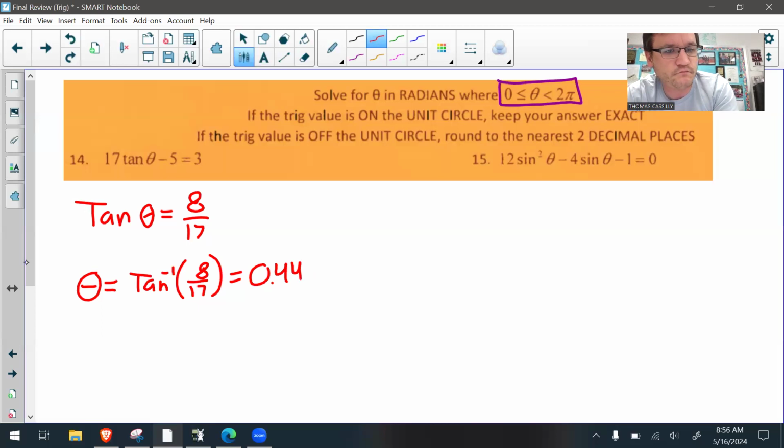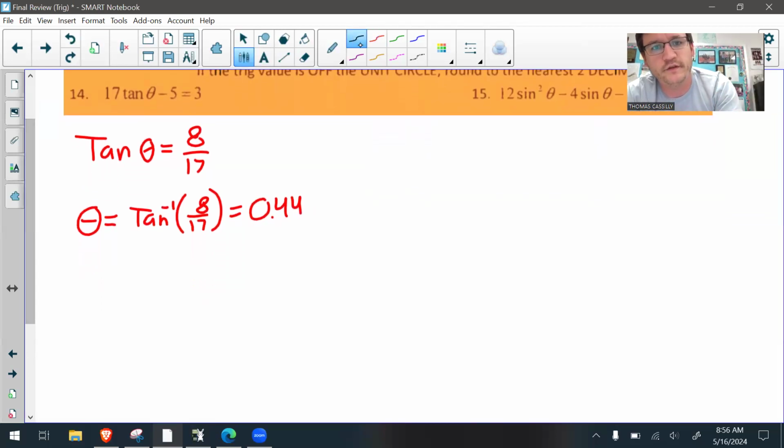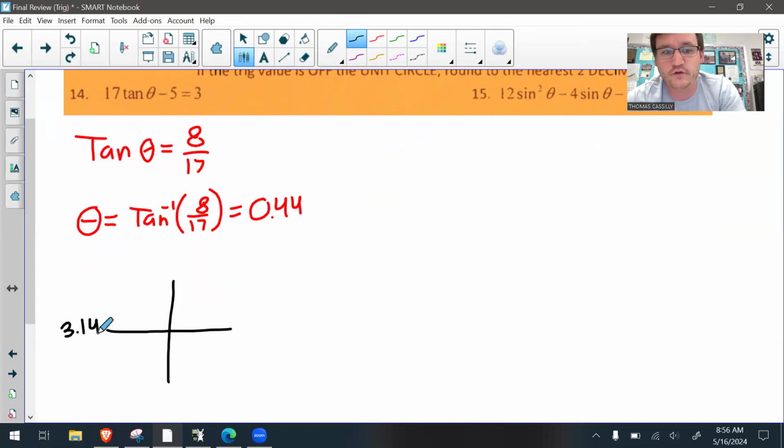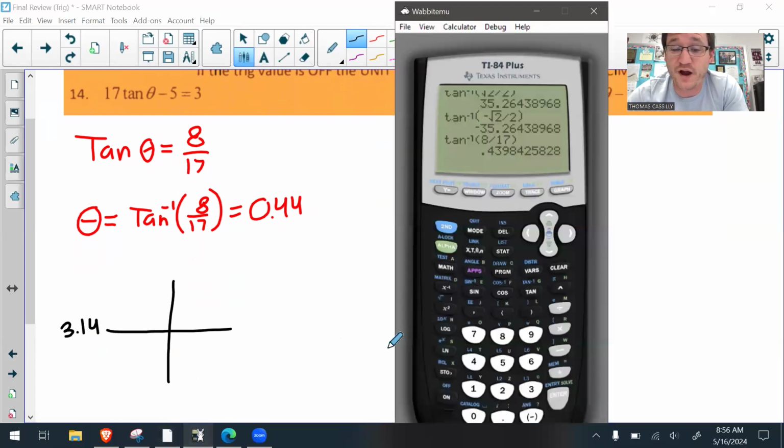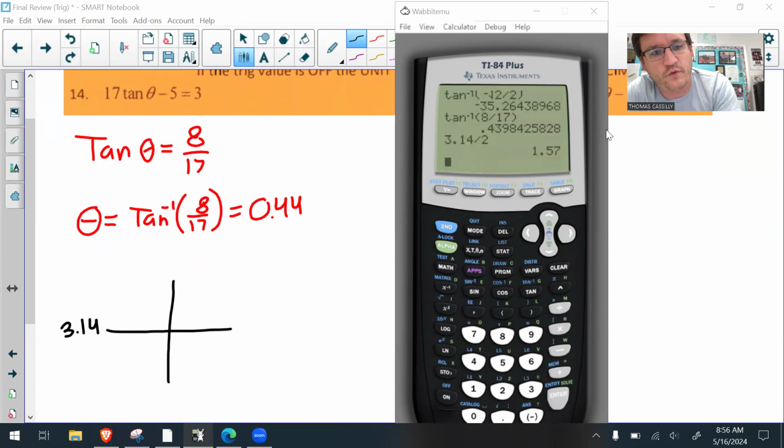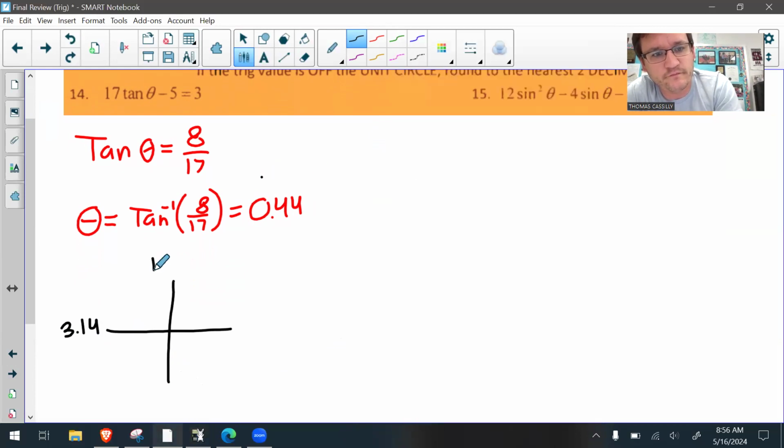Right? So now on all of these, we have to keep in mind what quadrant we're in. Where is 0.44 radians? Well, remember, we have to think about everything in terms of pi now. So half of a turn, or 180 degrees, we're not going to think of 180 over there. We're going to think of it as 3.14, because that's pi. If you want to figure out that 90-degree angle, that's 3.14 divided by 2, which is 1.57.